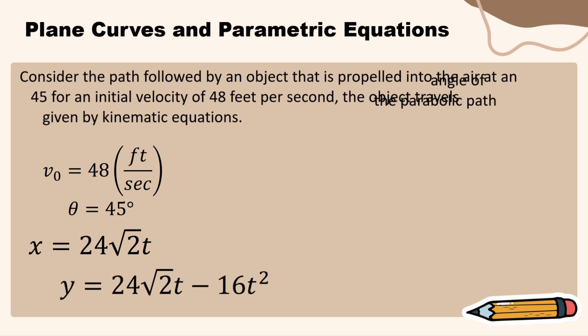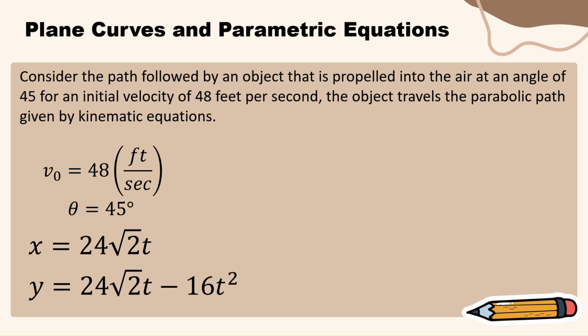So take note natin itong dalawang parametric equation na na-construct natin derived from the kinematic equation. So ano bang purpose nitong dalawa? So we will select or identify several values of time, and then later on mako-compute natin si x and y.